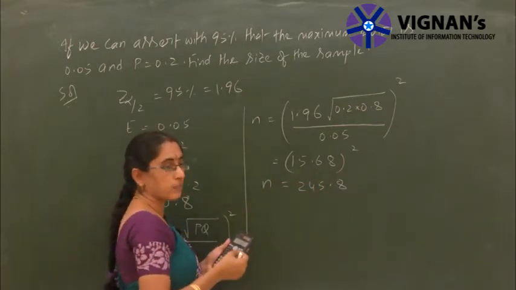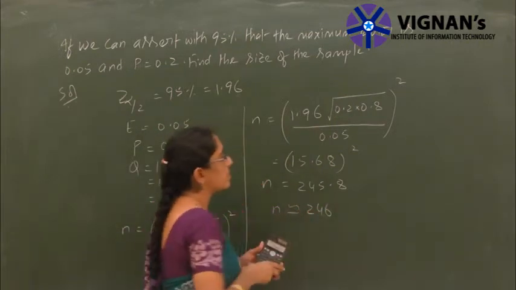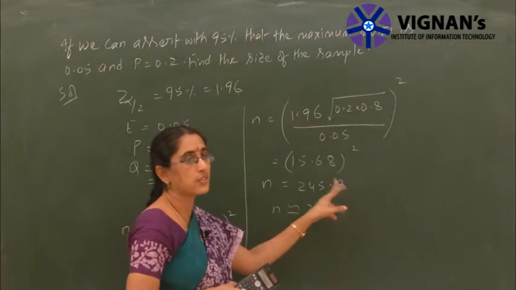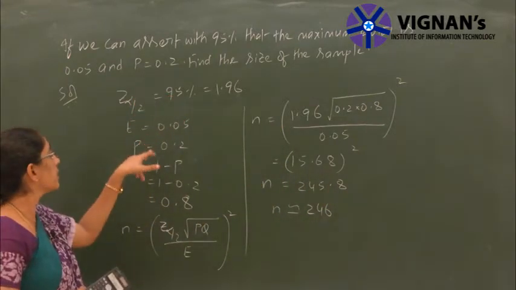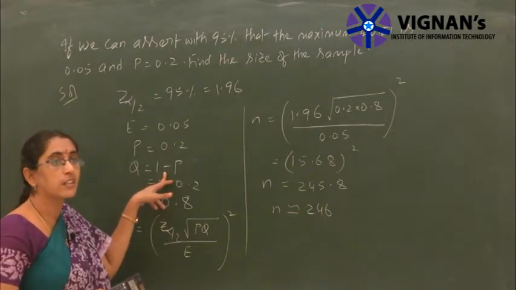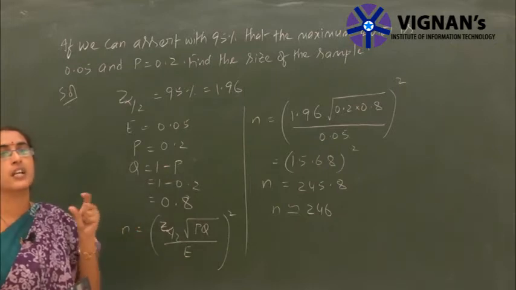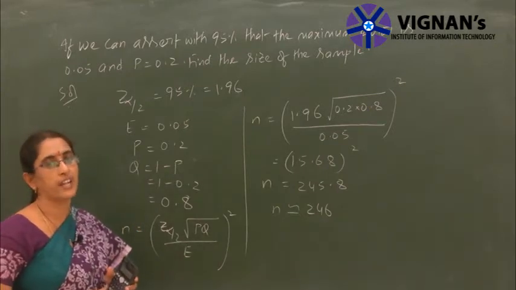But the sample size should be a whole number, so approximately 246, because after the decimal we have 8. Whenever the p value is mentioned directly in the problem, then q is 1 minus p. But whenever the p value is not mentioned, both success and failure have equal chances, so p and q will be equal to 0.5.